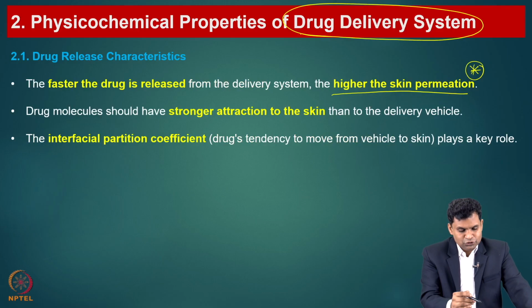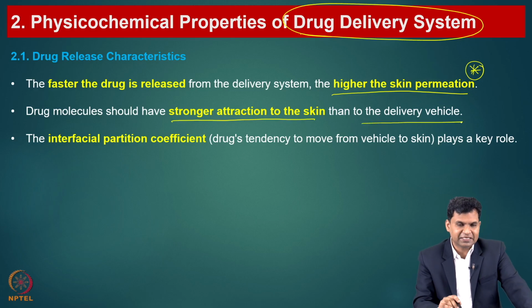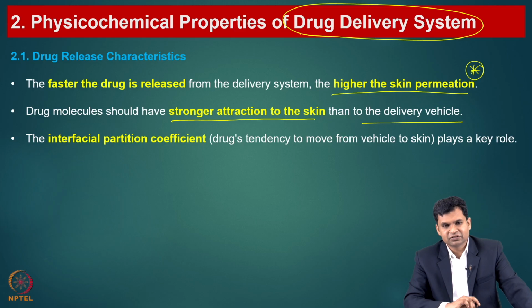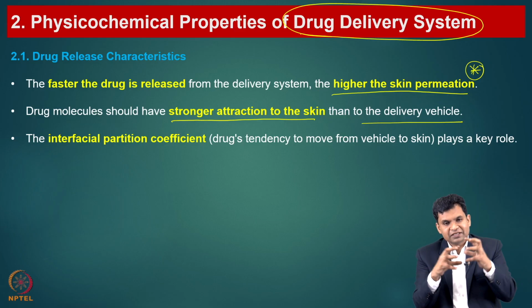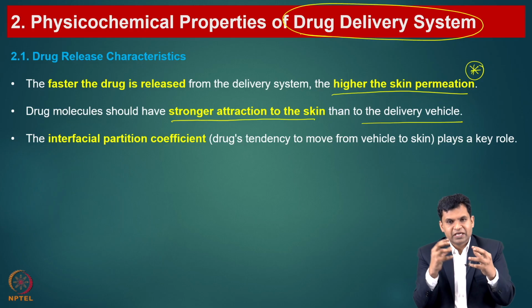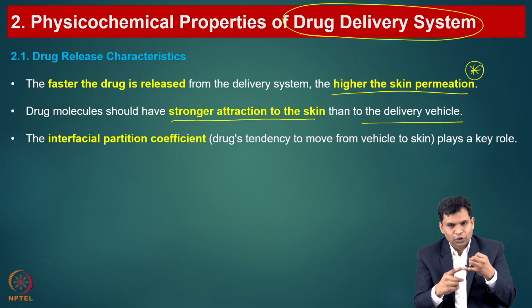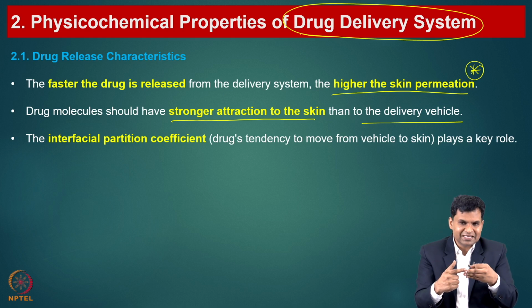The drug molecule should have a stronger attraction to the skin than to the delivery vehicle. There are drugs which will interact with the components we use in our formulation to show the controlled release, for example polymers, permeation enhancers, and some other adhesives.